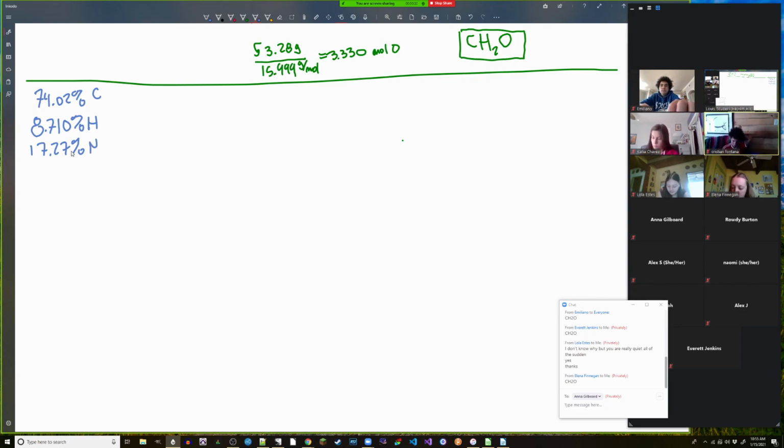So let's do this part first. Let's just find what the empirical formula is first. And then I also have the extra information needed to find the actual molecular formula.